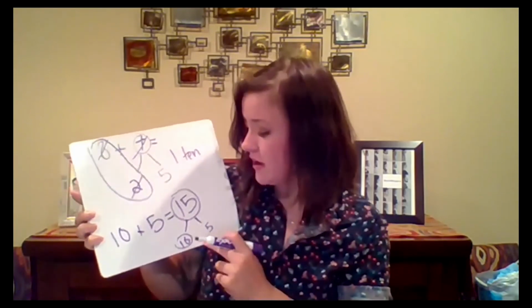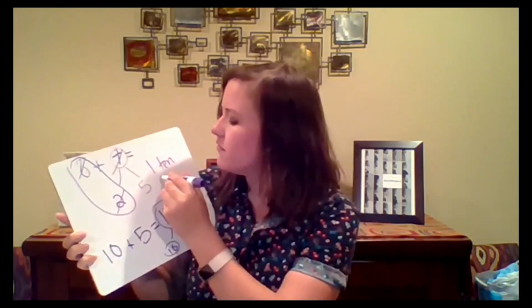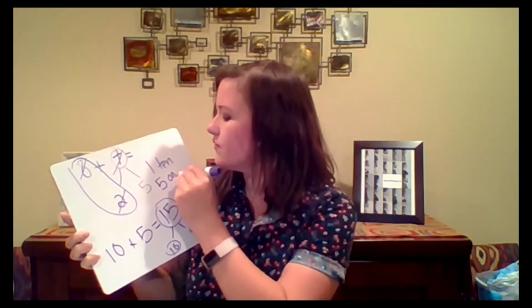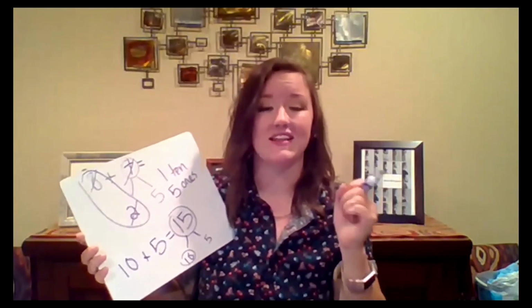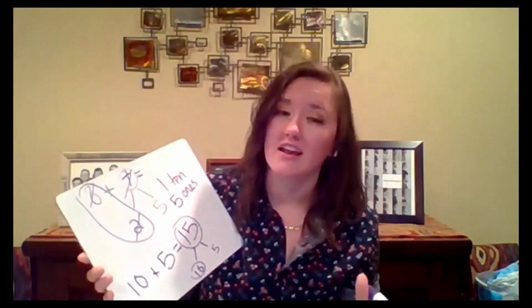And how many 1s? 5. Because if we had 5 1s all added up, it would get 5. So we have 5 1s. So the reason we do that is because once we hit 10, that becomes one group, and anything less than that is a 1. And then we're going to get into that a little bit further down the road. But that is all I have for you guys today.